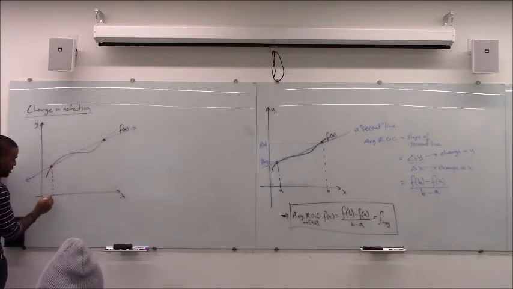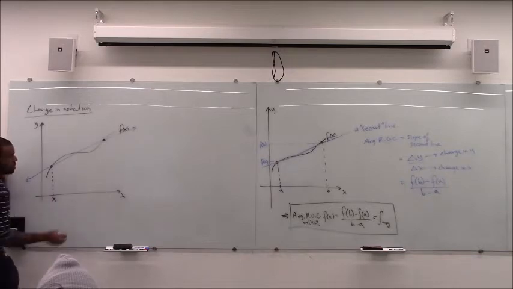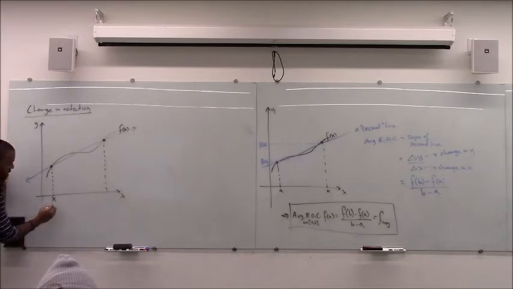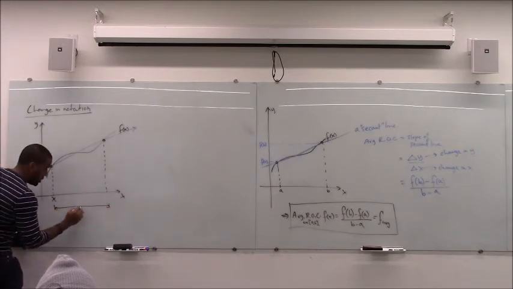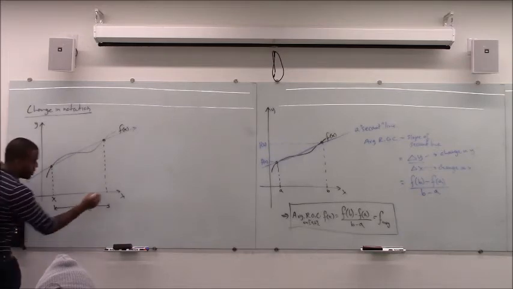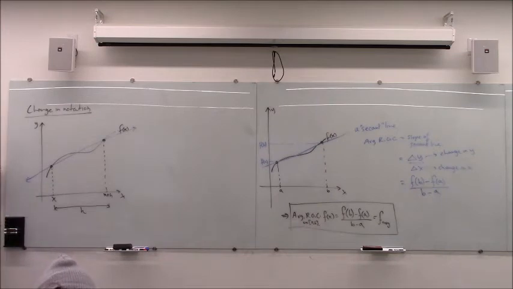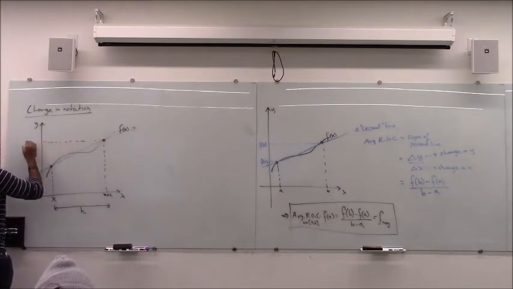The first point I'm going to call x. And the second point, I'm going to focus on the distance between the first point and the second point, which traditionally is called h. So the x value here is x plus h. The corresponding y value will be f of x plus h. Corresponding y value here will be f of x.